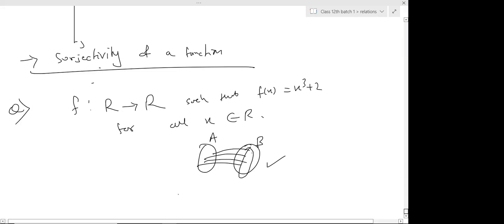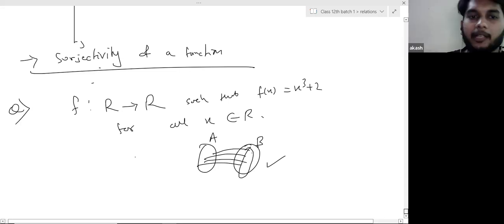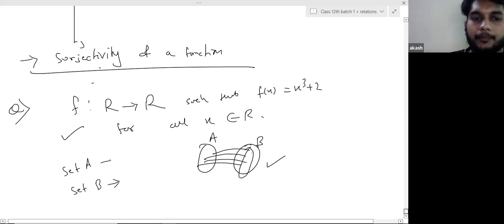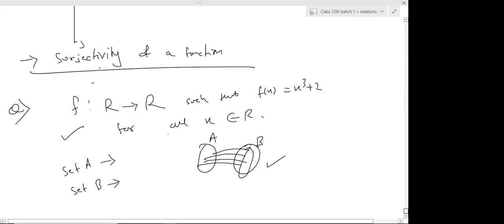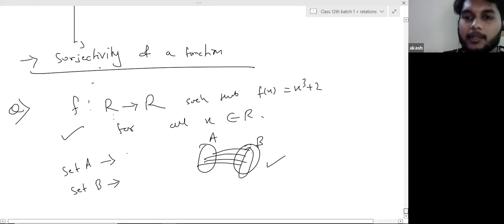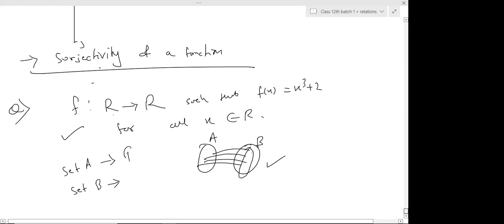Yes, sir. All right. So who can tell me what is set A and what is set B here in this question? Rational numbers. R is rational numbers or real numbers? So it's real numbers. Set A is real numbers.